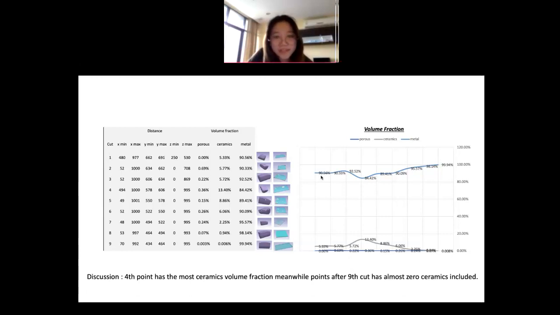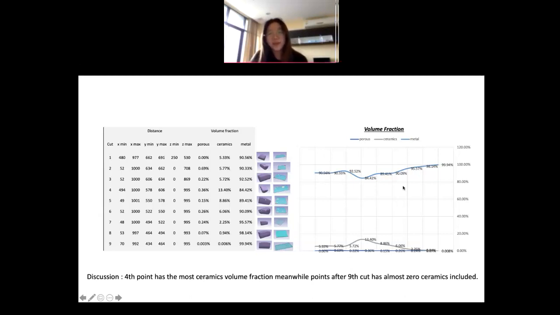And if you can see here, the blue plate, maybe the fourth one, there's a white chunk there, which is the ceramics chunk. So it's not good for the metal. And then for example, on the 8th or 9th cut, there is no white chunk to be seen.